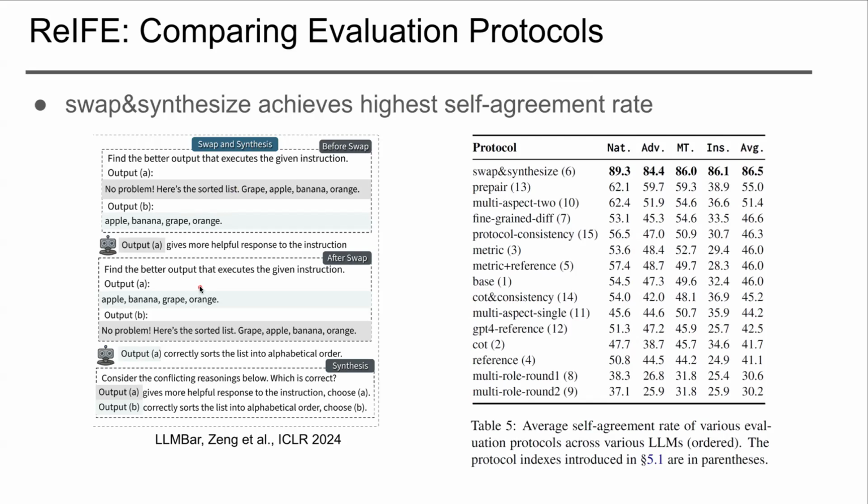And if you look at this protocol, it's very expected because you swap the outputs, you ask the model to generate an output, and then you ask the model, now based on these two, reconcile the conflicting reasoning and say which one is correct. And it looks like this swap and synthesize protocol actually performs much better in terms of self-consistency.